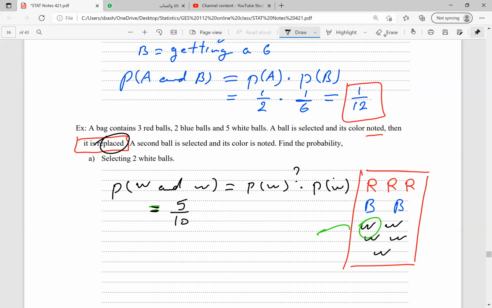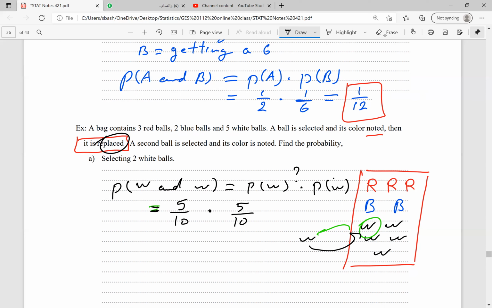Now it was replaced. We take it out, then we put it back again. So inside the bag now, we still have 5 white balls, so the second one is again 5 out of 10. We take 1 ball and put it back in the bag, so still we have 5 white balls.